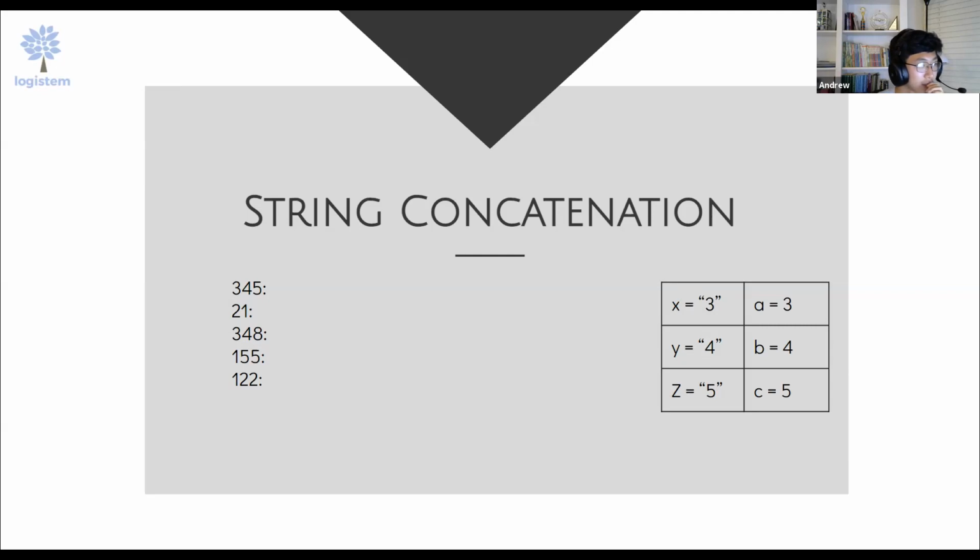For 21, I saw an answer, which is print string of C minus A plus string of C minus B. That would work. String of C minus A is the string of 2, and then you concatenate that with the string of C minus B, which is 1. So great job.